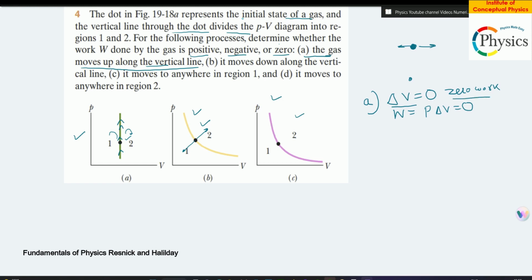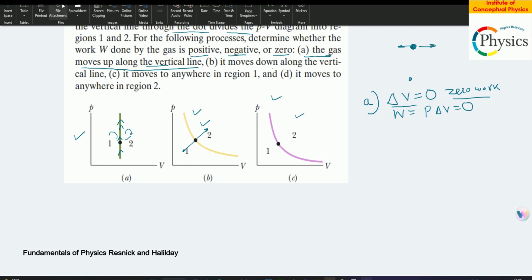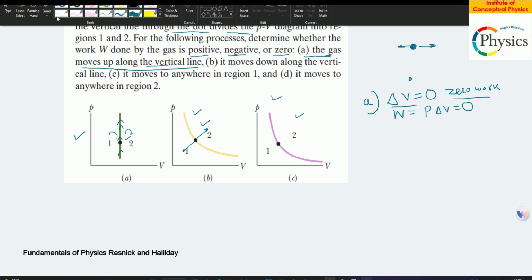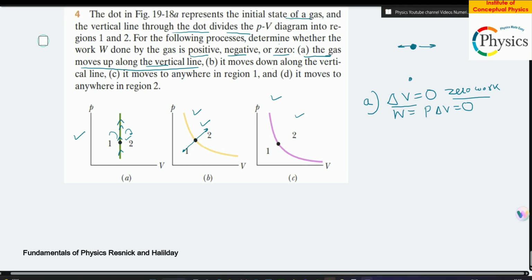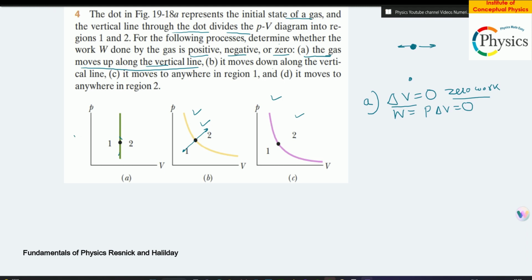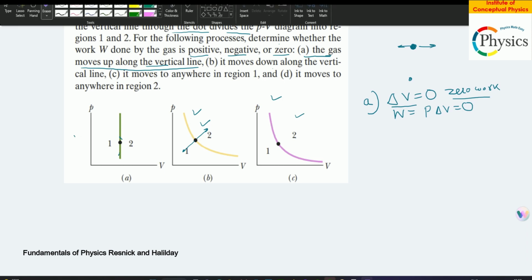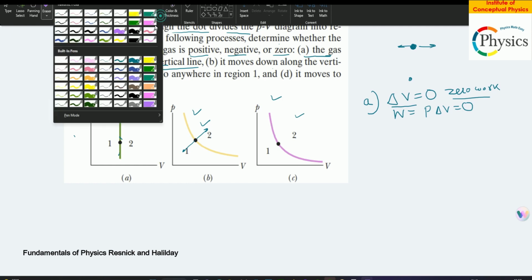We've already established. Second, it moves down along the vertical line. Now the same situation, what you're doing is you're moving down. So let me just remove these arrows so that it's easy for you to understand. I will just remove these and let's talk about this particular scenario. The movement this time is in a different direction altogether. The movement is here.